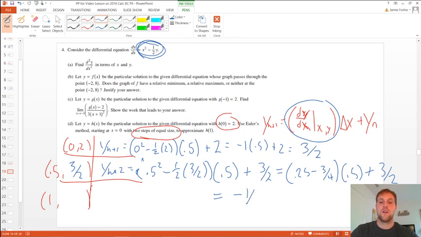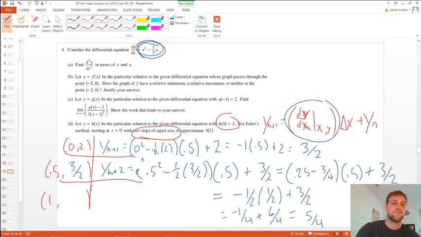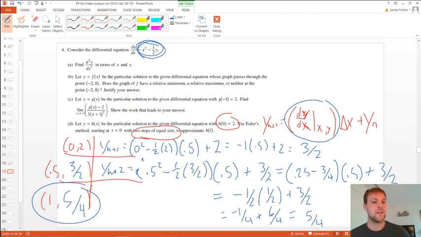So -1/2 times 1/2 plus 3/2. That's equal to -1/4 plus 3/2, which is -1/4 plus 6/4. So my final answer is going to be 5/4. So the approximation for h of 1 is approximately 5/4, or 1.25. Euler's method. There you go.